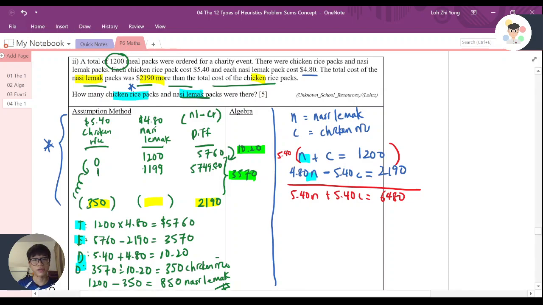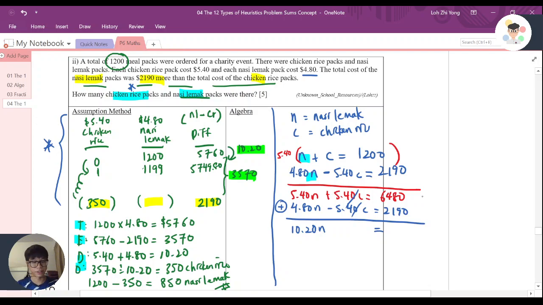And we repeat writing the same thing for the below one, 4.80n minus 5.40c equal to 2190. If you want to eliminate this, plus and minus gives minus, so this will be eliminated. So 5.40 plus 4.80, there will be 10.20n equal to 6480 plus 2190.